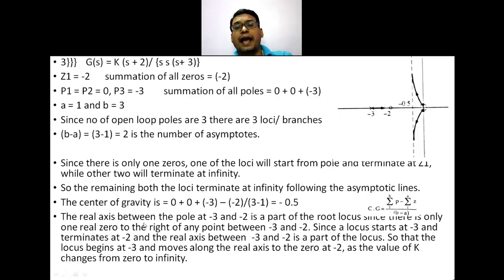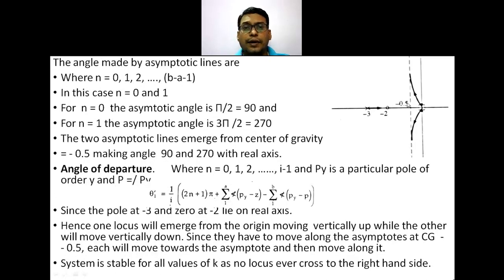Now the real axis. Then the center of gravity is to be calculated, that is summation of P minus summation of Z upon B minus A, which comes as 0.5. So the center of gravity is noted as 0.5. Then we can plot the asymptotic lines.